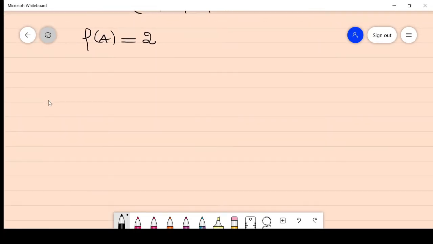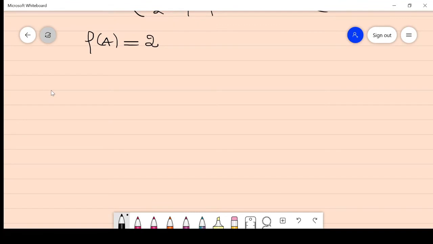So for example, find the P and Q. Now here the matrix A is given for the next question, which is equal to these values: 1 minus 1, then 2 and minus 1. This is the first row.